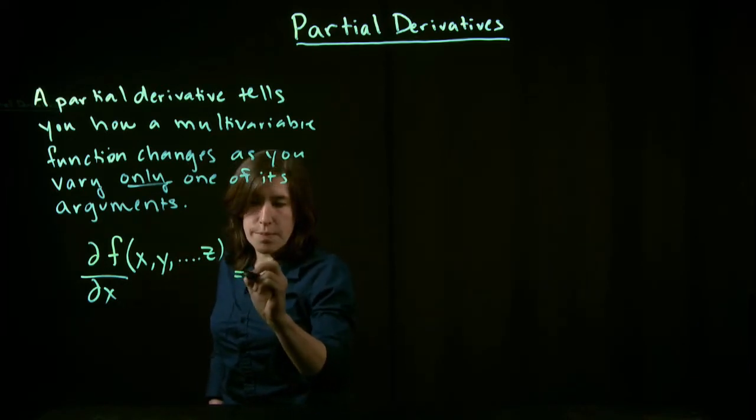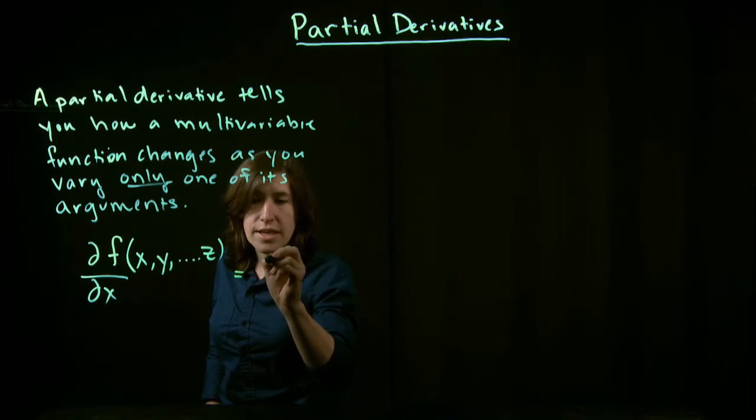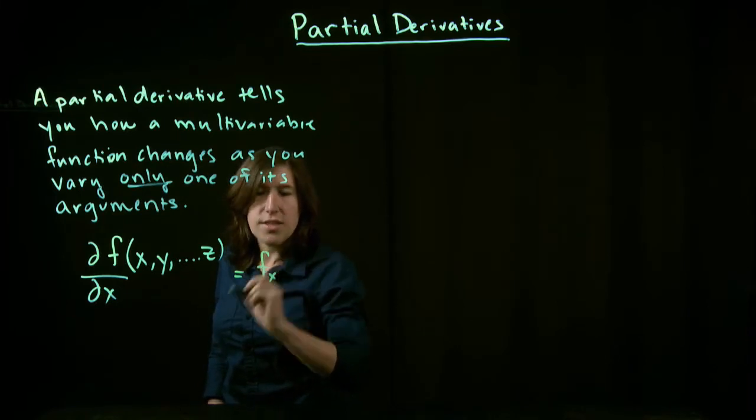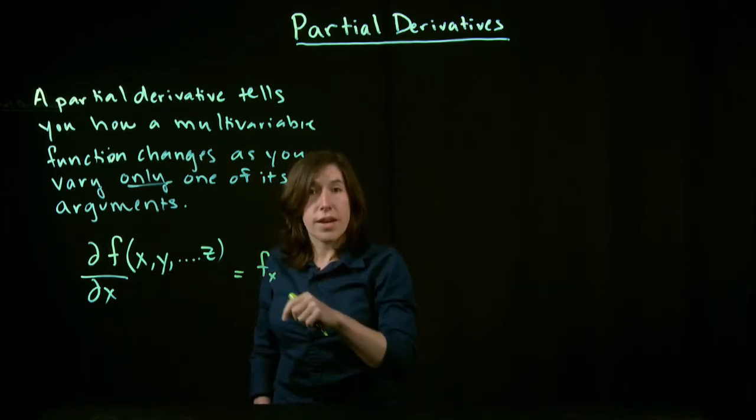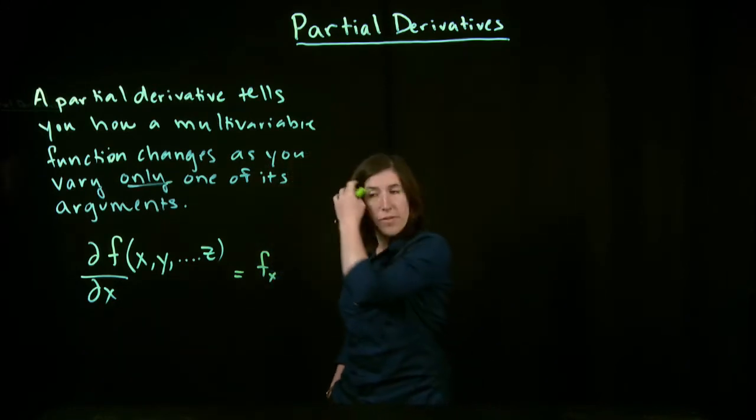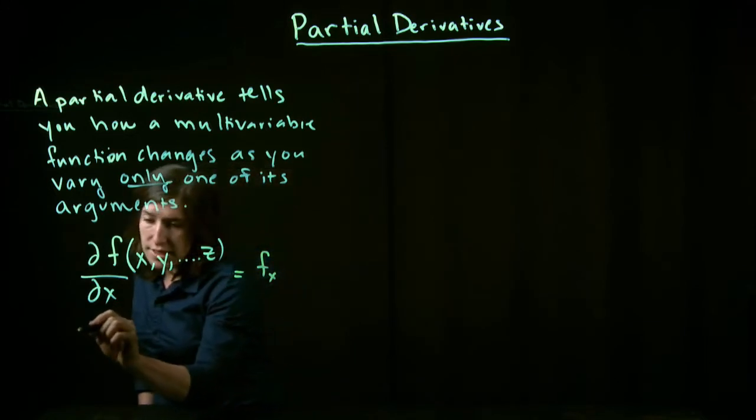So this is to tell you that it's a partial derivative rather than a full derivative. You'll often also see this written as f sub x, which tells you that it is the derivative of f with respect to the one variable x, the partial derivative of f. And what is this?